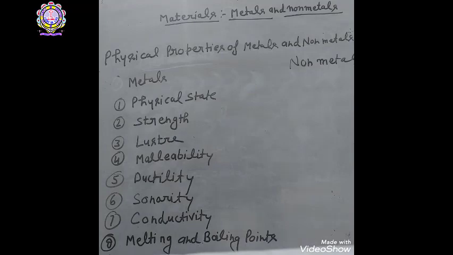Some metals are bad conductors, for example lead and tungsten. But non-metals do not have conductivity. They are bad conductors of heat and electricity. Graphite is an exception, a good conductor of heat and electricity.